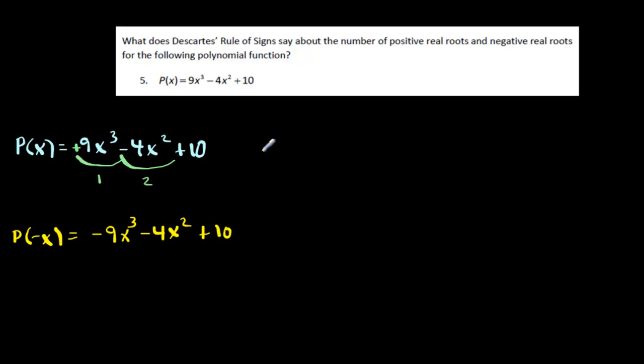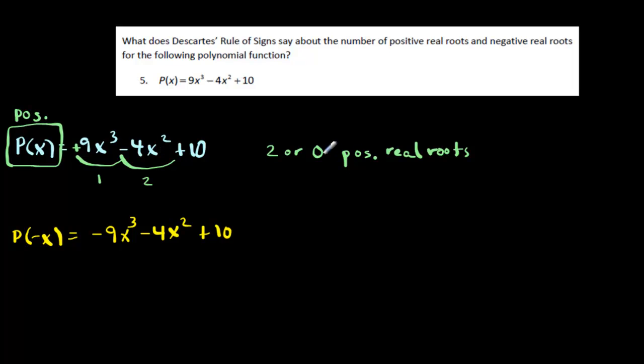That tells me that you're going to have 2 or 0 positive real roots. The p of x number of sign changes tells you the number of possible positive real roots. It's either going to be 2 or 0.